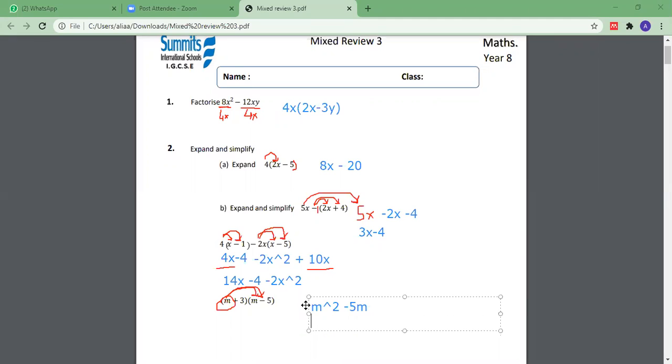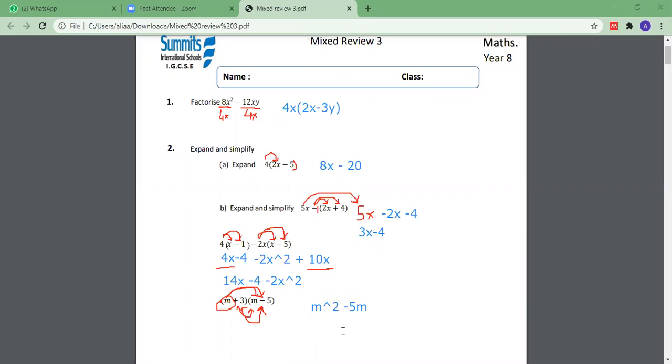Then I will multiply 3. I will take 3, multiply it by m, and then multiply it by negative 5. Okay, 3 multiplied by m will be 3m. Okay, where's the like term with 3m?